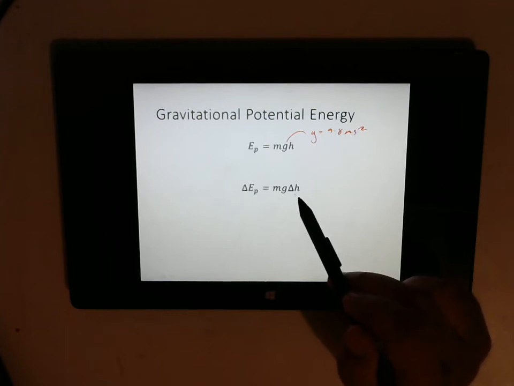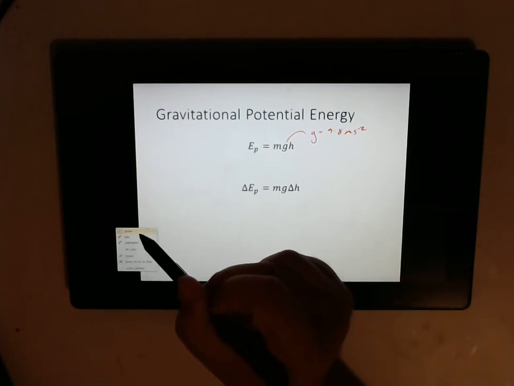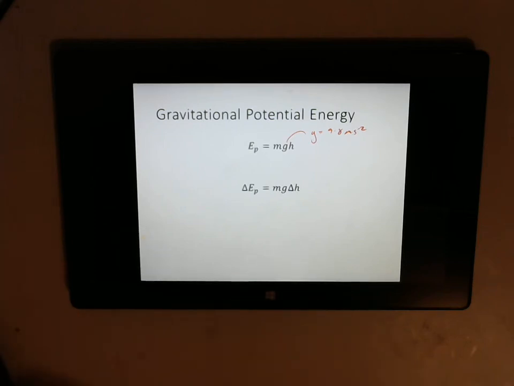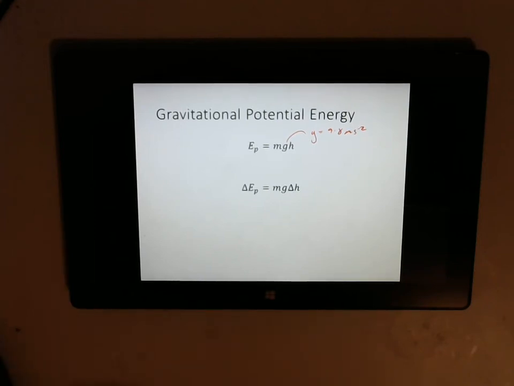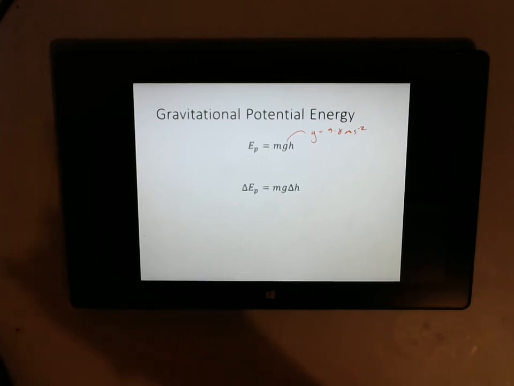And note that I did say that this h for height is about vertical displacement. If an object goes up a ramp that's about 5 meters long, there's a good picture of this in your text, but only goes up by 2.5 meters in height, like on the example page 362, this 2.5 meter height is the delta h we use. It's not the 5 meters.